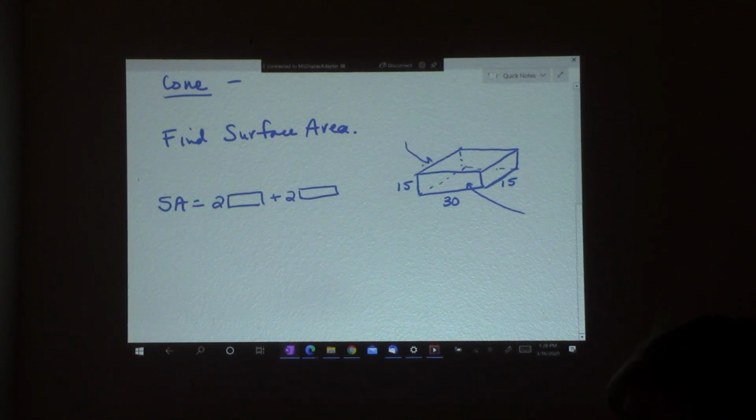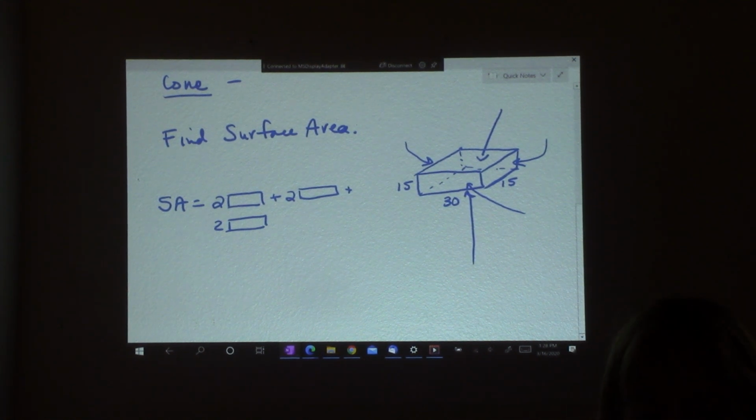So that would be over here and over here. So now I have 4 sides. And then I would have 2 more that are the same, the top and the bottom. I hope you can see that. If you're looking at the rectangular prism, it has 6 sides, and each pair of opposite sides are the same.